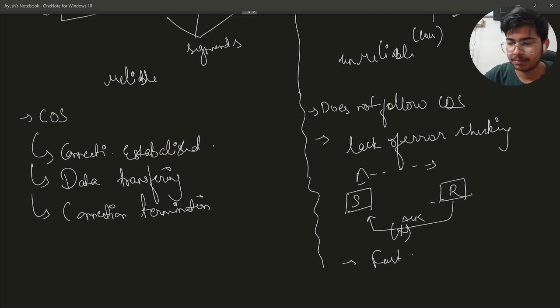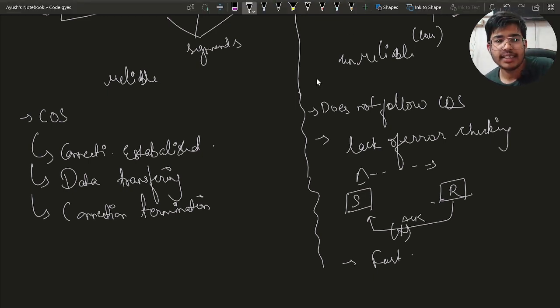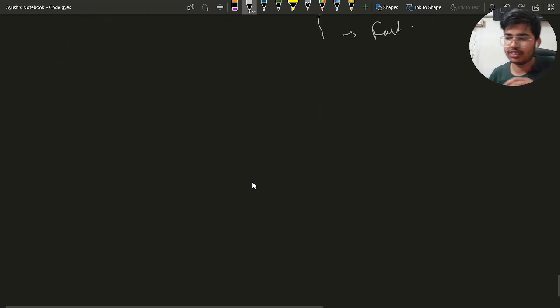There is nothing like that in UDP, so that's why it's fast. Whatever is sent, even if data is lost, no matter, the final message is sent to the receiver. So that's why it's fast as compared to TCP, and that's why it's unreliable as well, and TCP is reliable. Now I will write about COS, connection oriented services, and how it works. Let's see this, and then we move to the next.